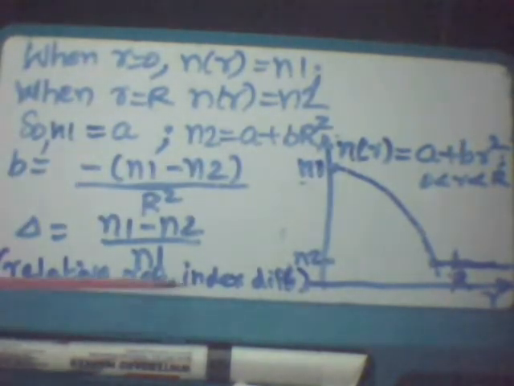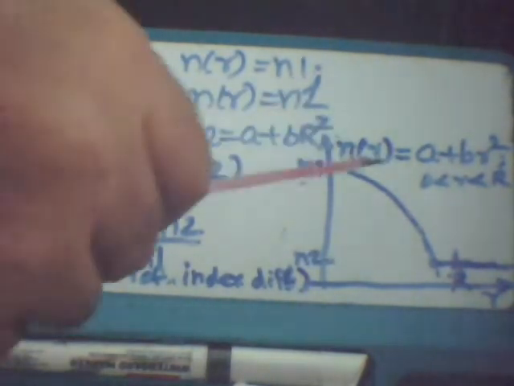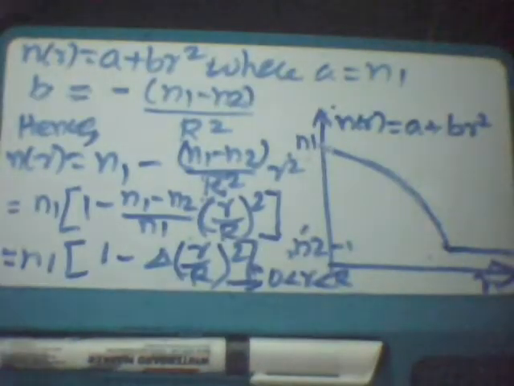So the relative refractive index difference delta is given by n1 minus n2 by n1. So now you have to substitute this into the expression for n of r, that is a plus b r squared. Now that n of r is equal to a plus b r squared, where a is equal to n1 and b is equal to minus of n1 minus n2 by R squared, we can see that n of r is equal to n1 minus n1 minus n2 by R squared into r squared, by substitution of a and b into the expression for n of r.